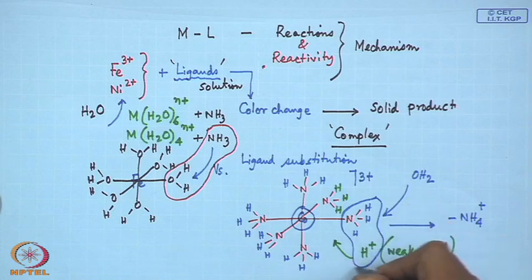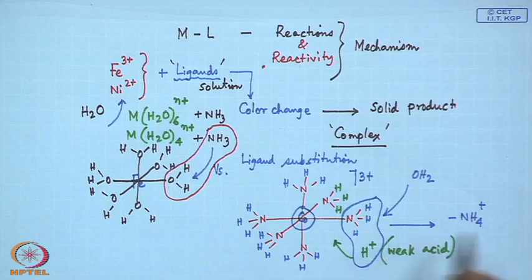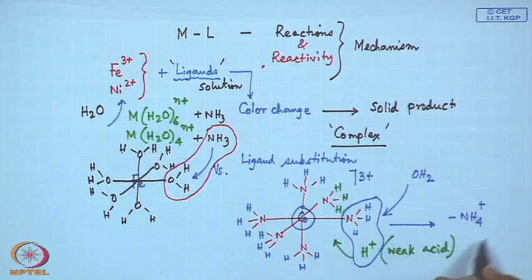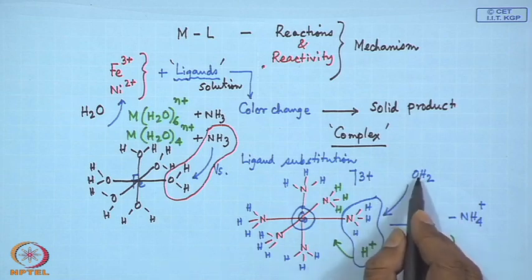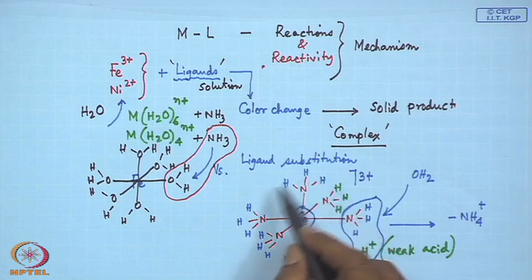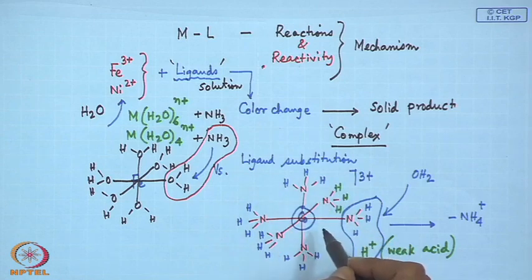But this is not happening. We need the addition of the proton to the system such that the ammonia groups are protonated, and we leave them as ammonium ion, and water molecules will come and occupy some or all of these positions around this octahedral cobalt ion to give us the corresponding hexaaqua compound.